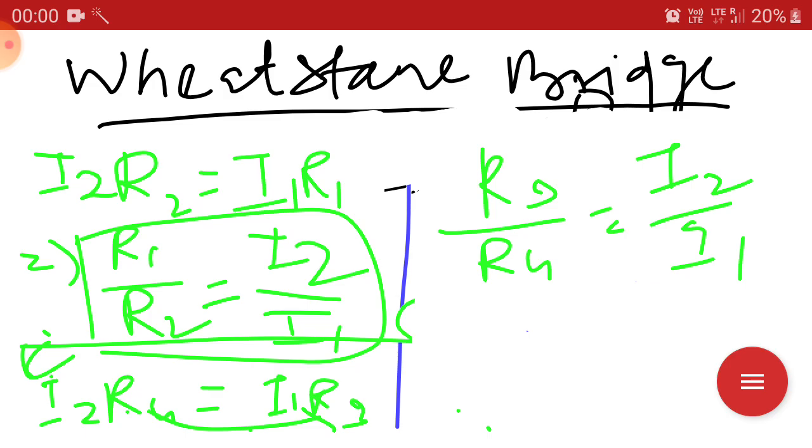So let's say this is equation number 3, this is equation number 4.